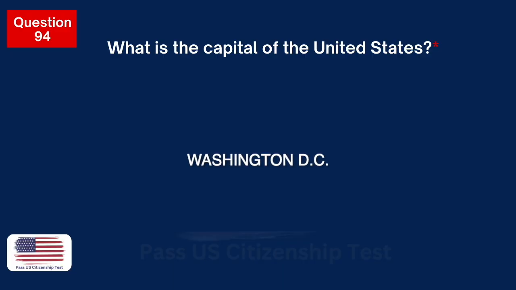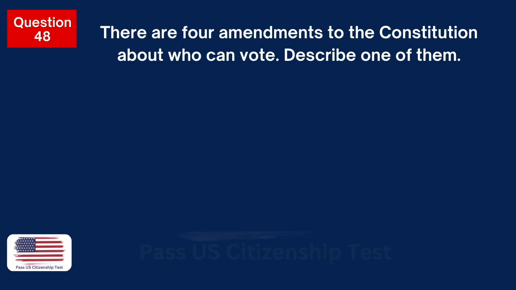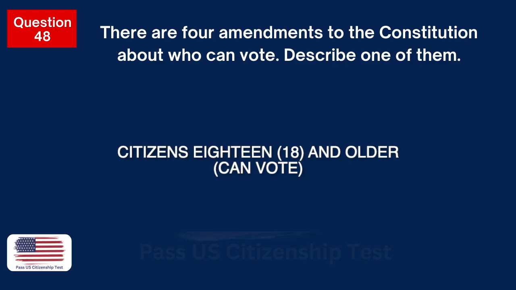Washington, D.C. There are 4 amendments to the Constitution about who can vote. Describe one of them. Citizens 18 and older can vote.